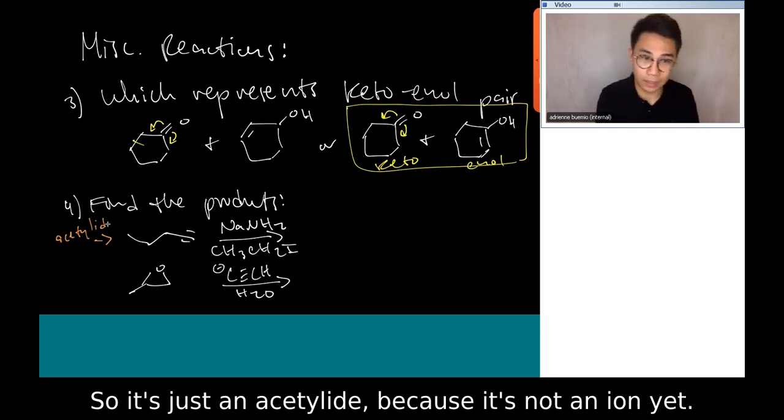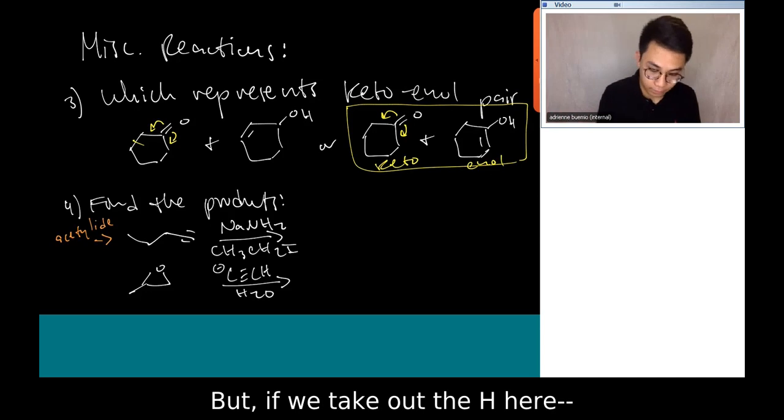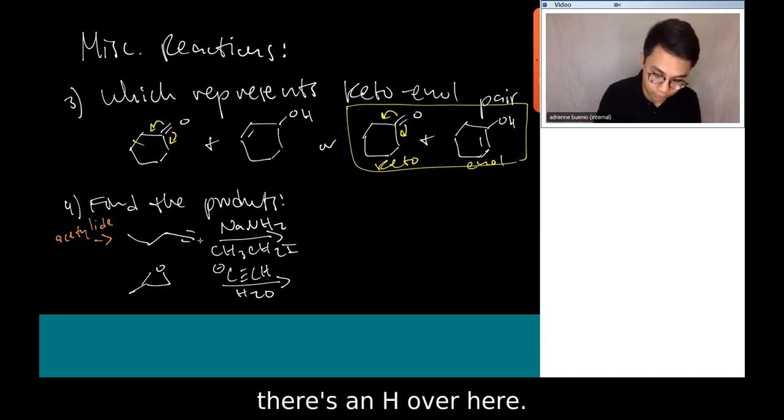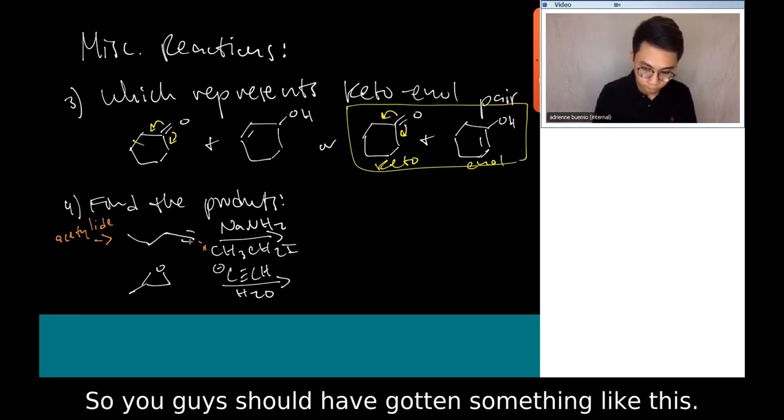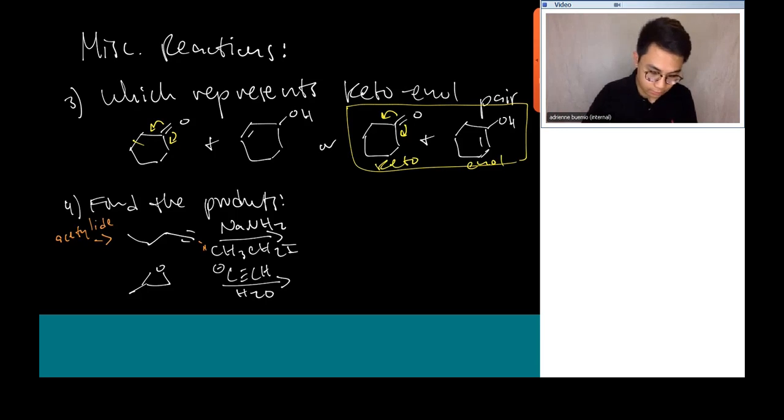So it's just an acetylide because it's not an ion yet. But if we take out the H here, right? There's an H over here. If we take that out, then it's going to be an acetylide ion. So you guys should have gotten something like this, right?